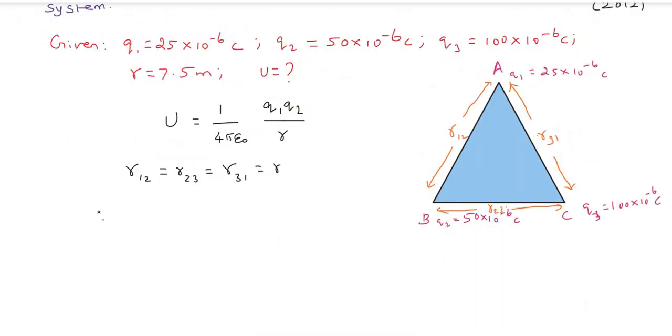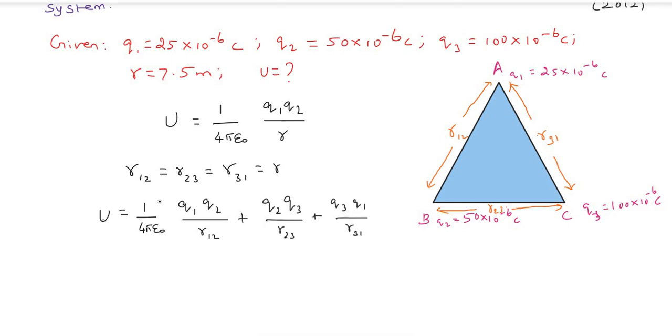Formula is U equal to 1 by 4 pi epsilon naught, Q1 Q2 by R12 plus Q2 Q3 by R23 plus Q3 Q1 by R31.